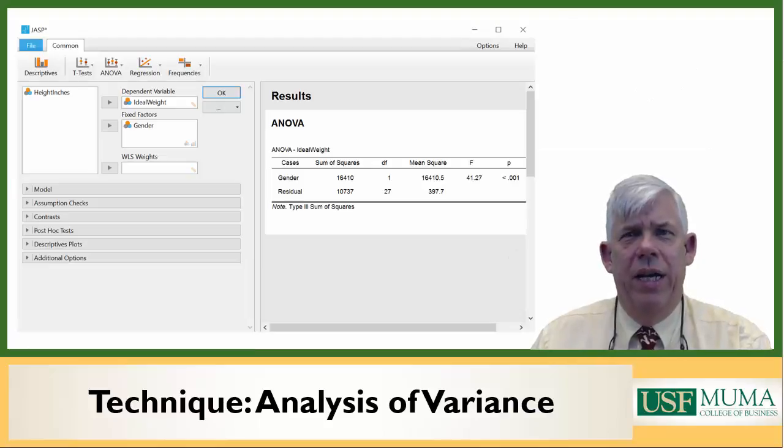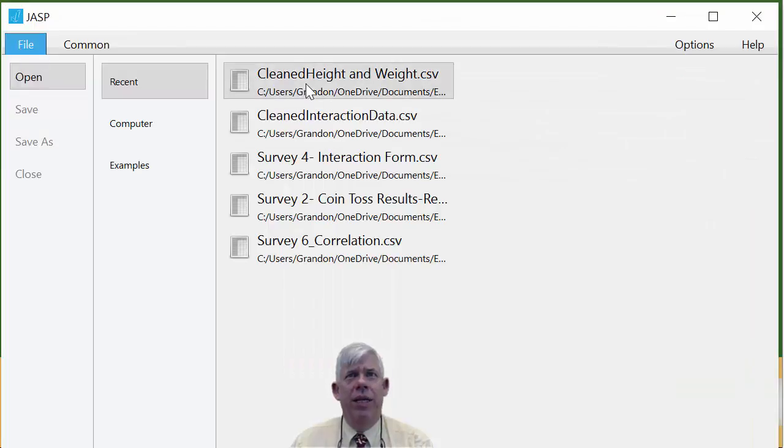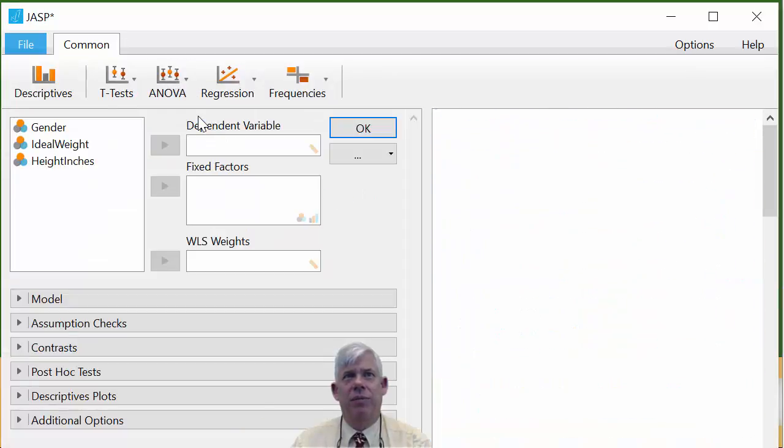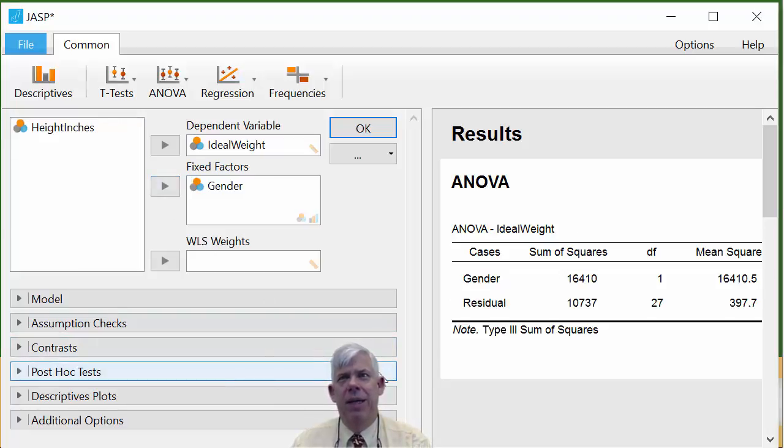So once again, we can use the JASP tool to do an analysis of variance. So I'm going to bring up JASP. I am going to open our cleaned height and weight file. And then I am going into analysis of variance. My dependent variable, that is the variable I'm trying to predict, is ideal weight. Gender is the fixed factor. This is what is going to break up my sample into boxes.